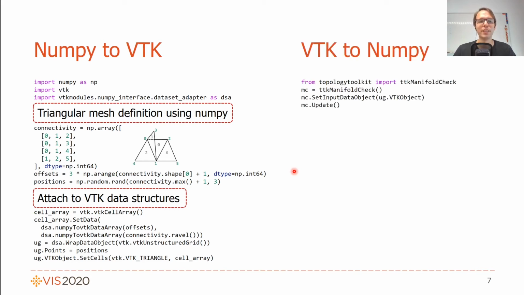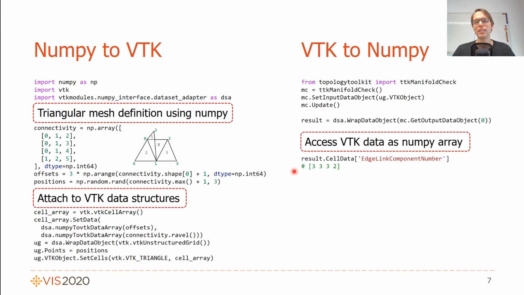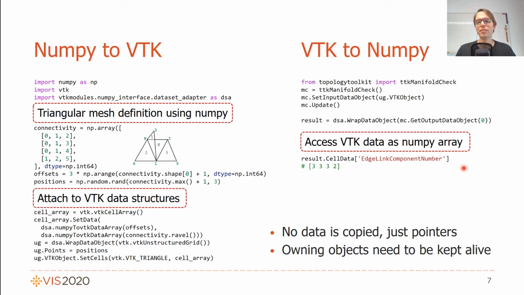Since we now have a VTK object, we can apply our TTK manifold check on it, and we can get the output again as a NumPy array. Now this NumPy array also holds no data itself, but it simply contains the pointer to the underlying data that is stored in the output object of this manifold check algorithm.